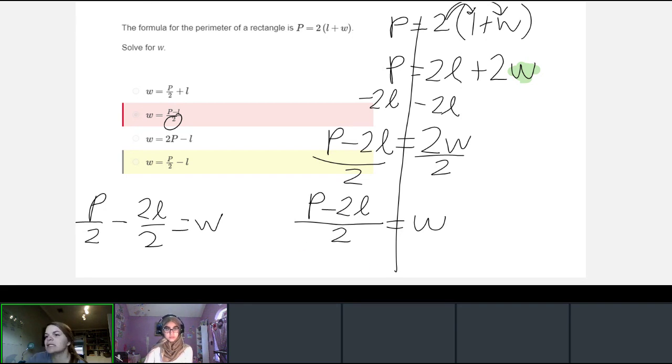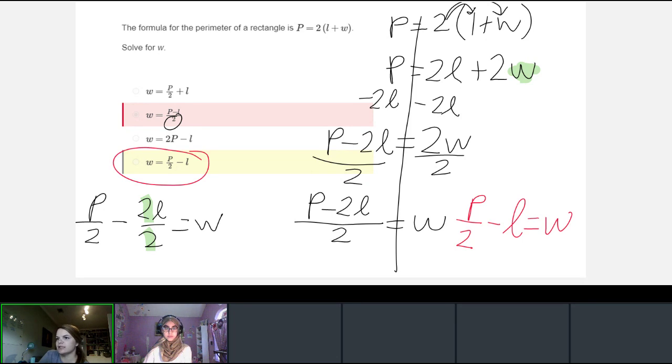When you take, I'm going to highlight it again, 2 divided by 2, you're going to get 1. So that's how this becomes right here. We still have P divided by 2, that can't simplify, and that's going to equal W. So that's how they get this bottom one: they went ahead and simplified the 2 divided by 2.